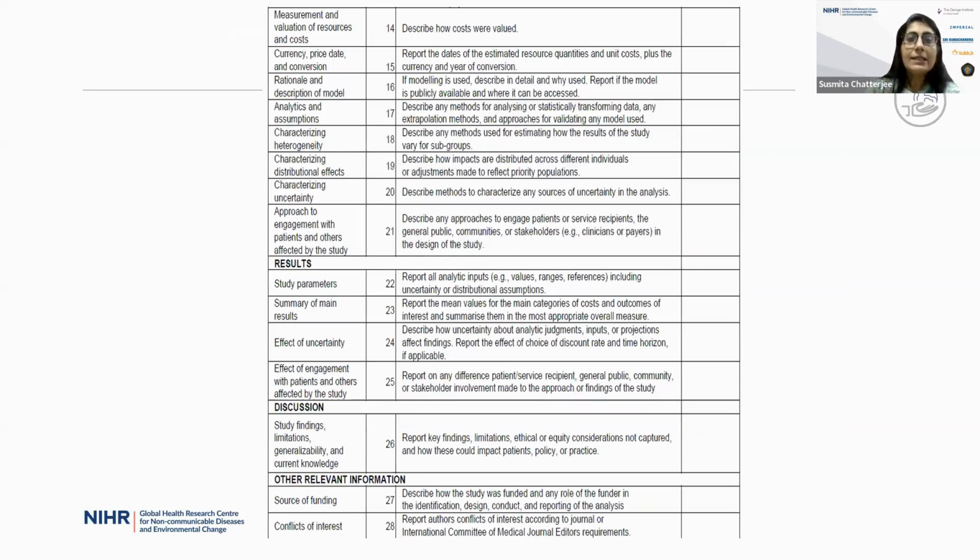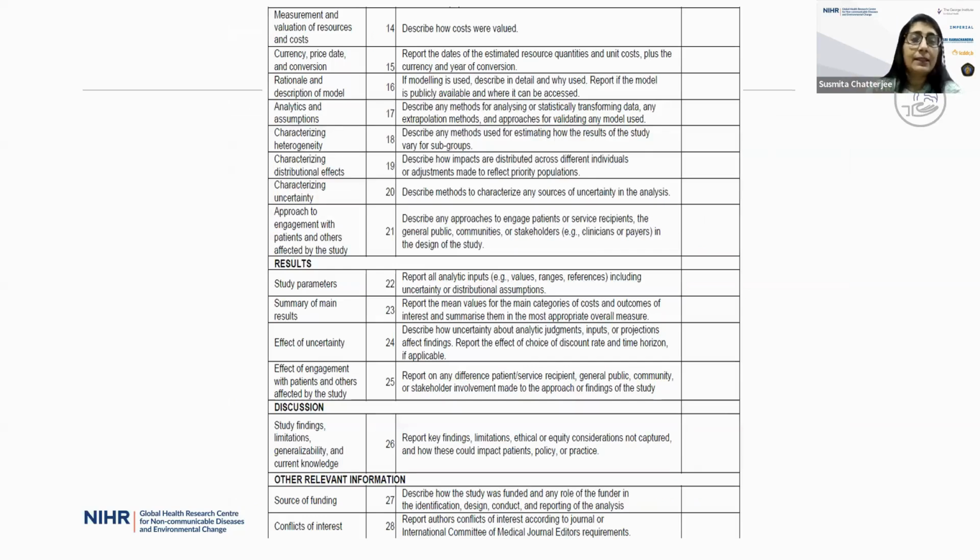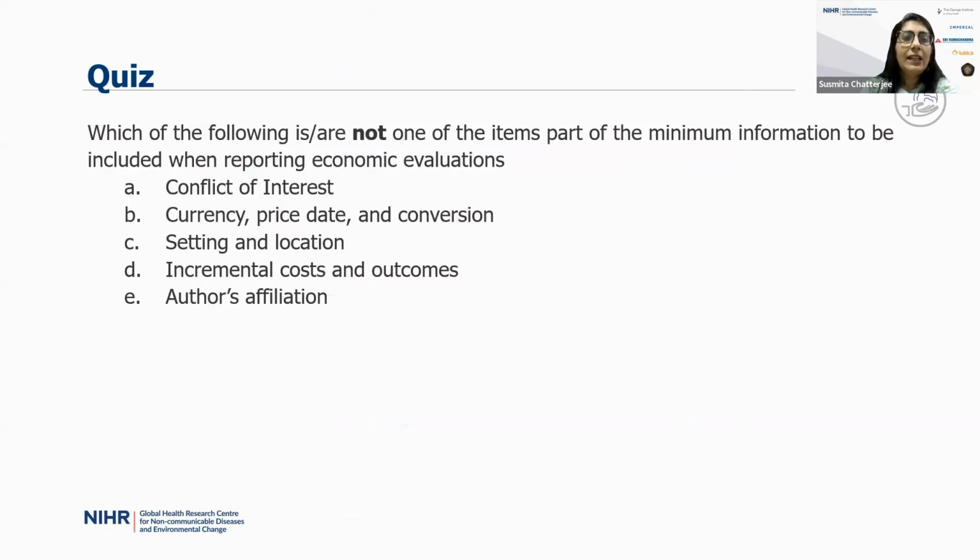The requirement is how good you have done the study, how well you have reported your methods, the analysis, the discussion, etc. It does not require the author's affiliation as one of the major items in the checklist.